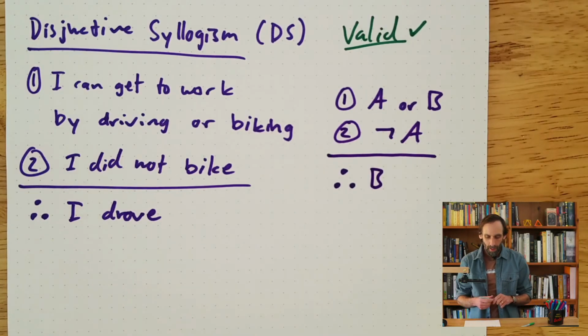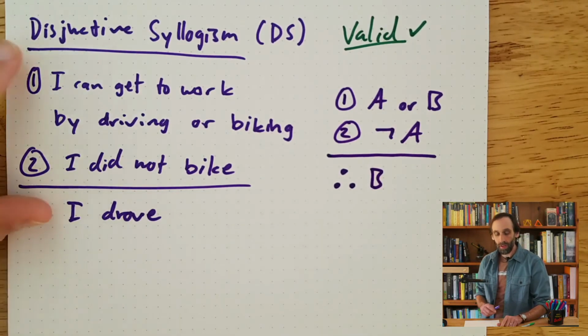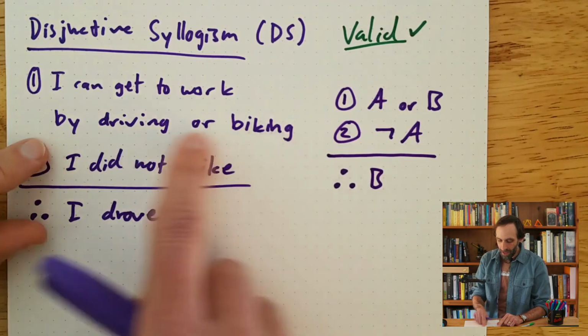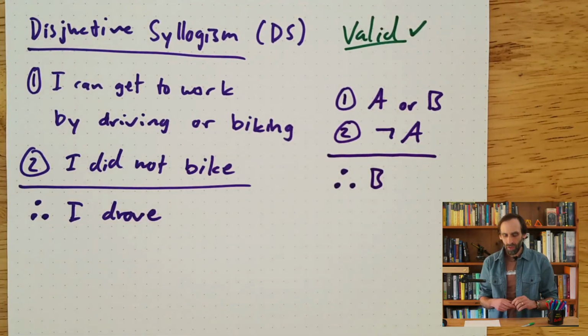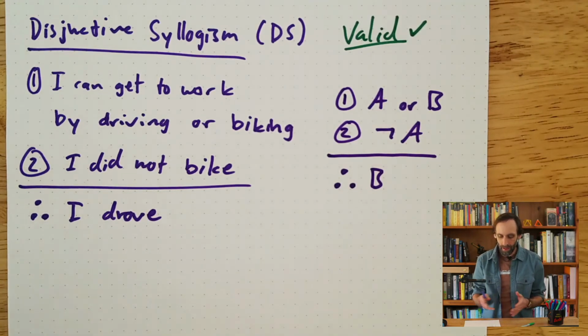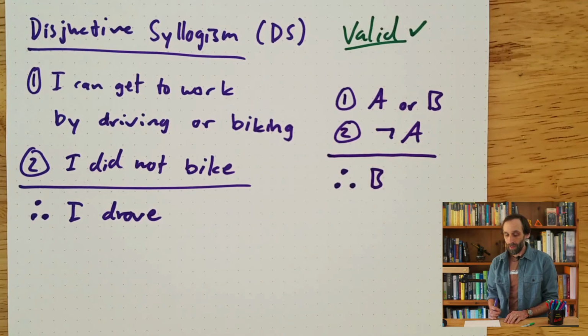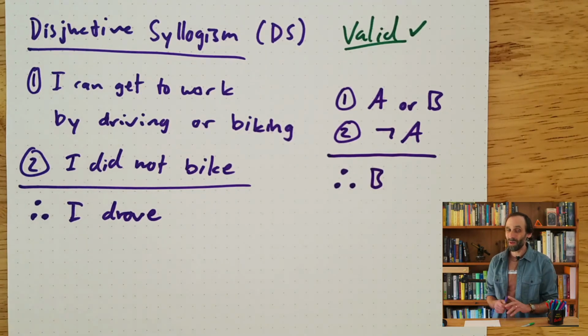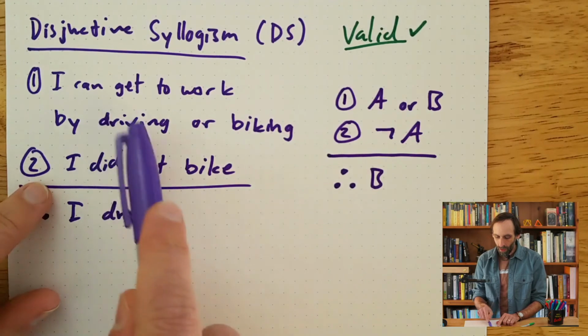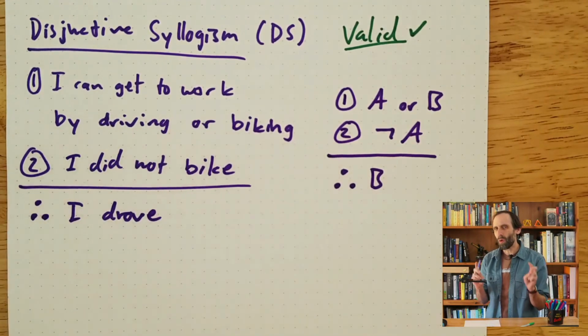Now, one thing to keep in mind is that a disjunctive syllogism could have a bunch of things that you're comparing, that you're oring, if you will. So for example, it's not the case that the only ways I can get to work are by driving or biking. I could ride the bus. I could take a ride share. I could walk. It would take me quite a while, but I could do it. And so there might be a whole bunch of things that we're oring.